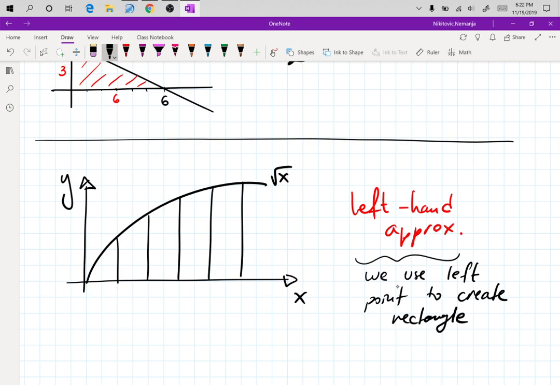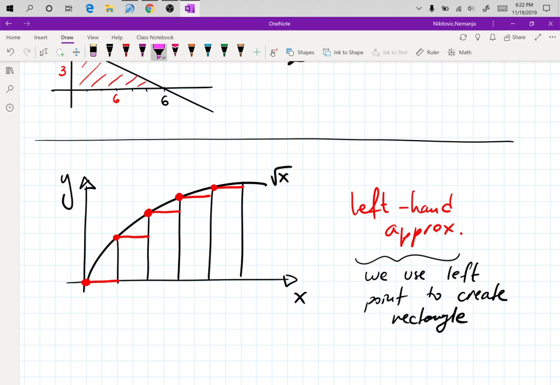Now you're going to say, what left point? Well, if you take a look at any of these, it has a left point and a right point. You use the left point to create a rectangle. Another left, and over here the left is at 0, so you actually don't have a rectangle at all. Now, you see there's a lot of error, right?